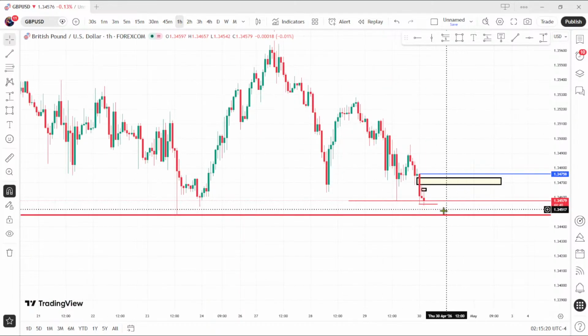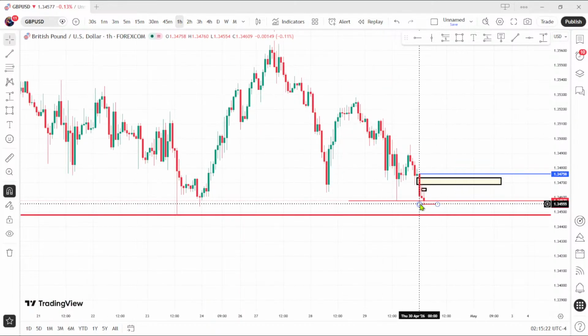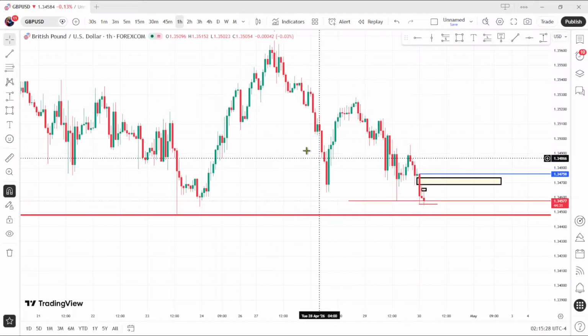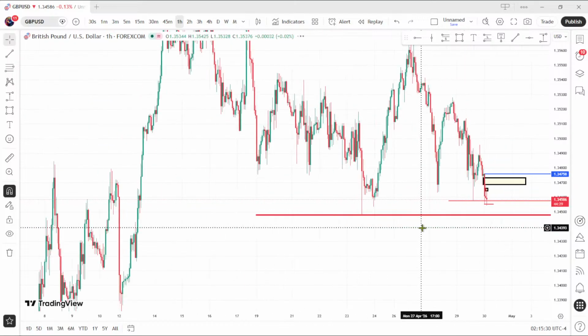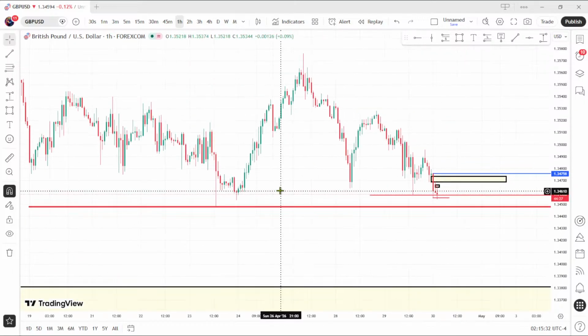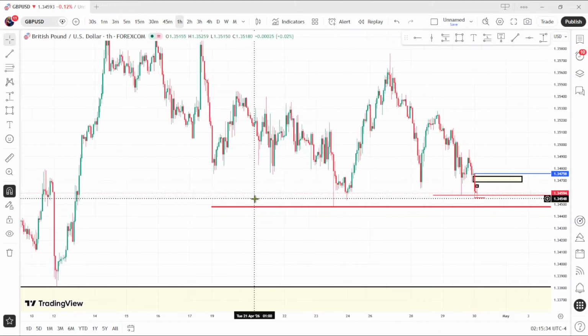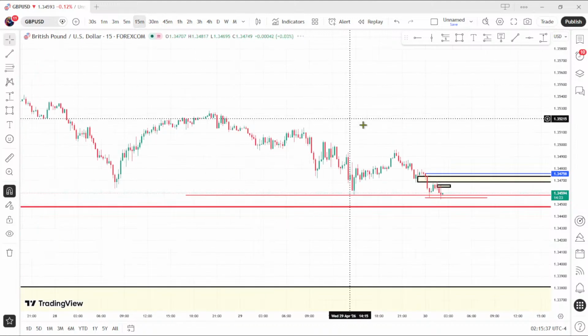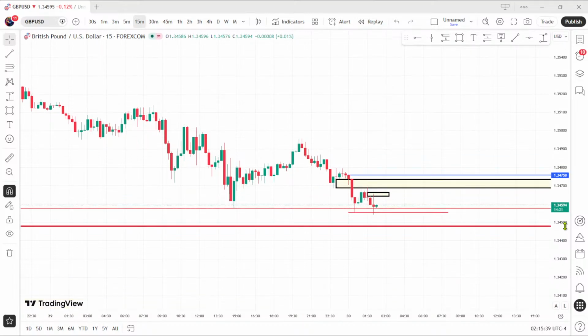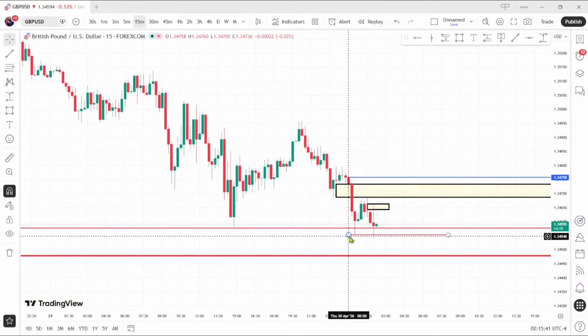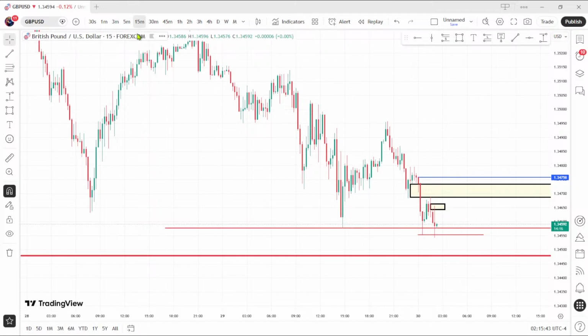The hourly, it has swept a certain. You see, it has swept the sell side liquidity, the hourly sell side liquidity. We might want to see price rallying higher and higher, but we'll wait and see for market structure shift. Yeah, exactly. It has shifted.